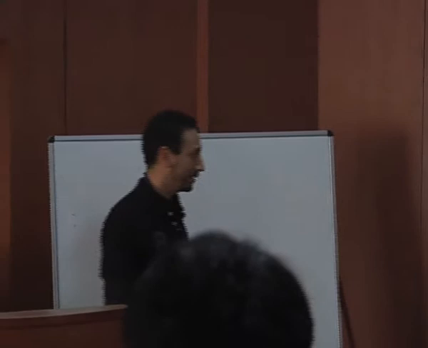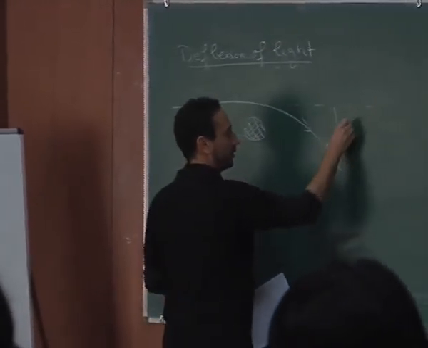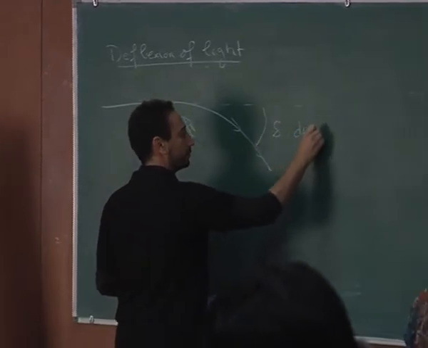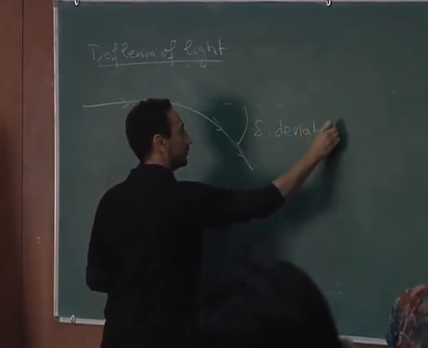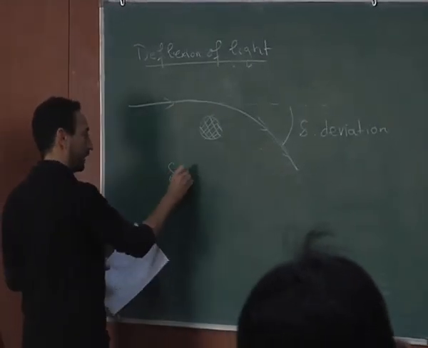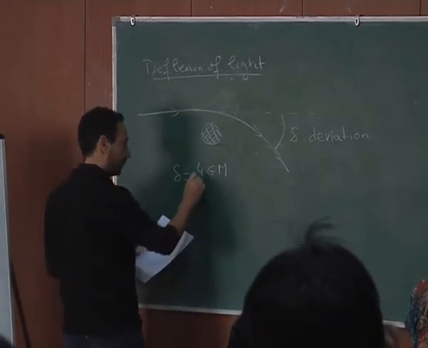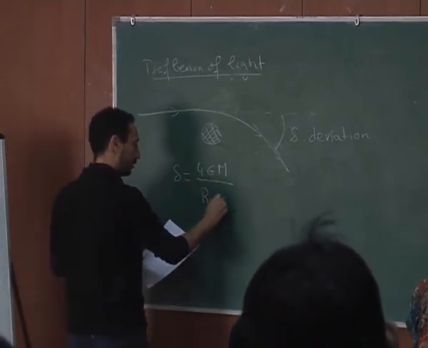Okay, so what is now this angle that you have here, this deviation? So this deviation, you can calculate it in general relativity, and you get 4GM divided by r0 c squared.